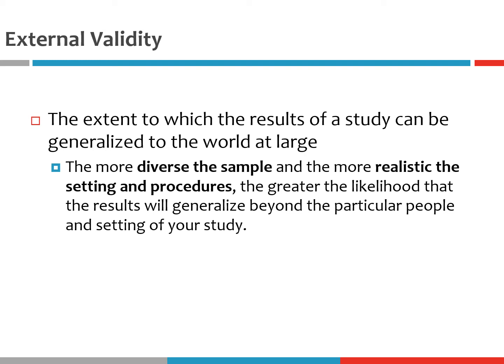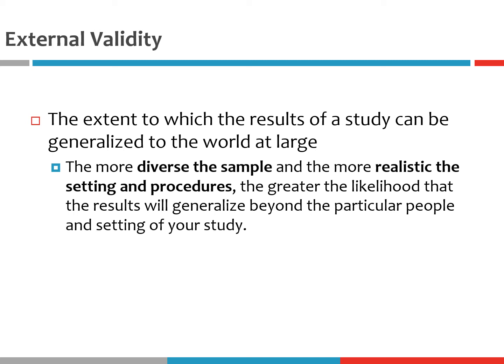So, for example, if we were conducting an experiment on Mercer's campus, we would want to make sure that we have males and females. We would want to make sure that we have people aged from 18 all the way to 22, right? We would want to make sure that we have all different majors represented, right?